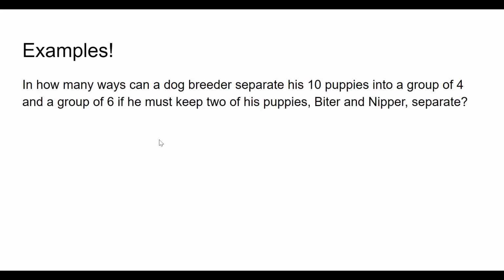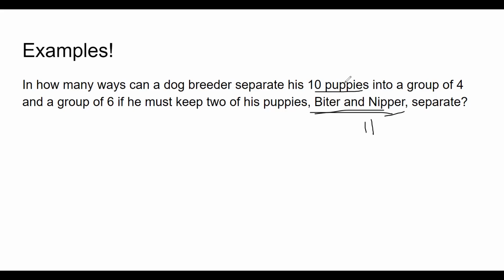Okay, so far, no right answers. Not very many attempts either. So I'll give a hint. We know that for this question, we have to deal with these two puppies, biter and nipper, that are not fun to deal with. There are 10 total puppies and 2 of them are problematic, right?